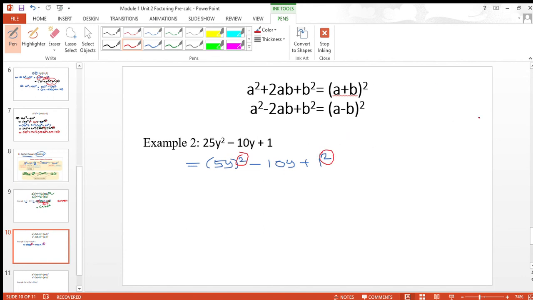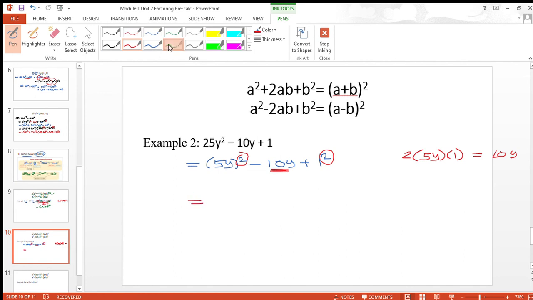What do we need to do now? We get the square roots of the perfect squares, and then we multiply this by 2. What do we get? This is 10y, which is equal to this. Therefore, this is a perfect square trinomial.